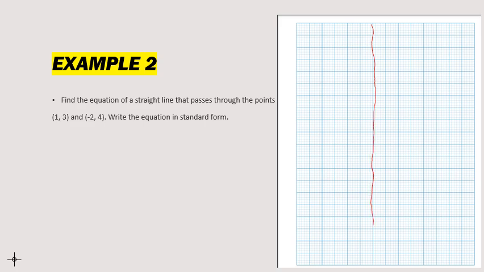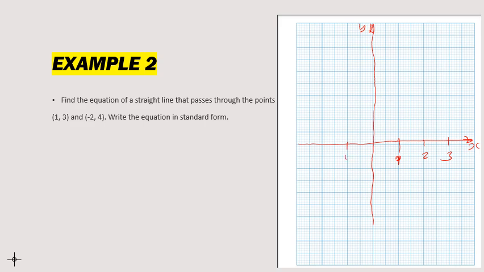We have the y-axis. This is our x-axis. So we can say this is 1, 2, 3 going there.